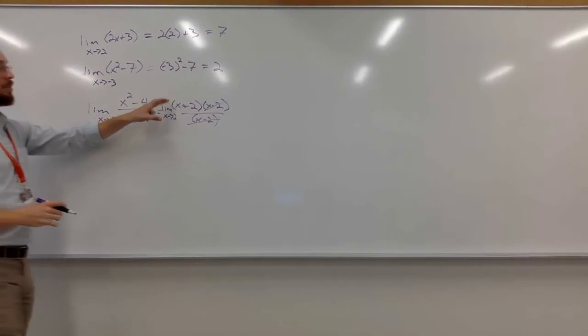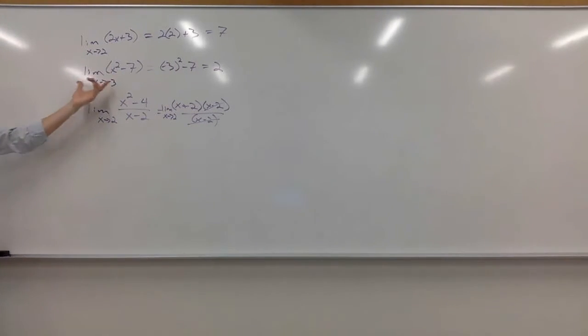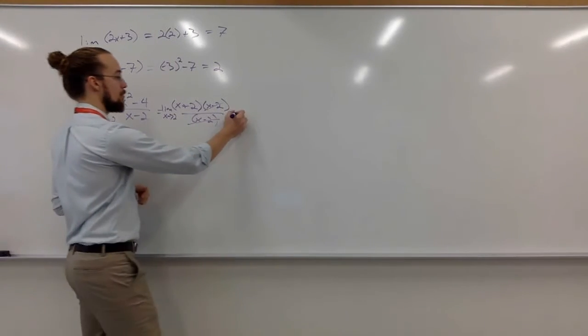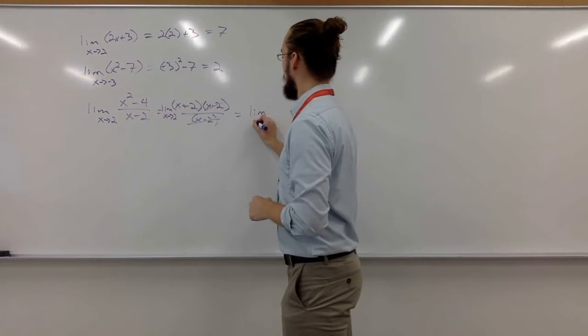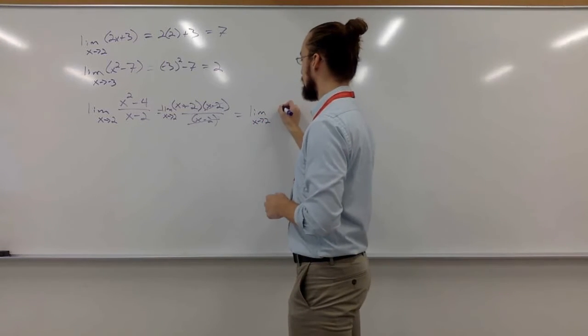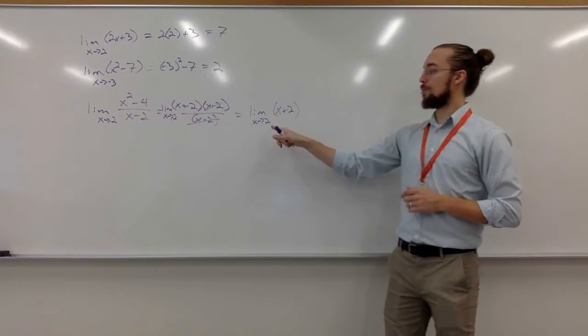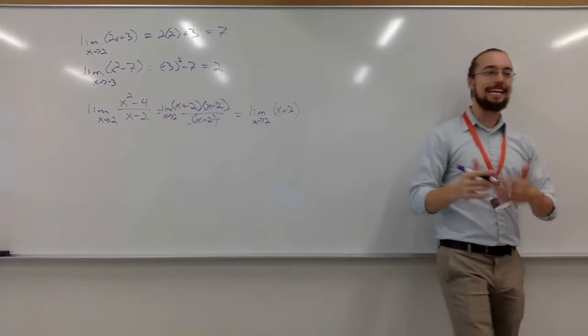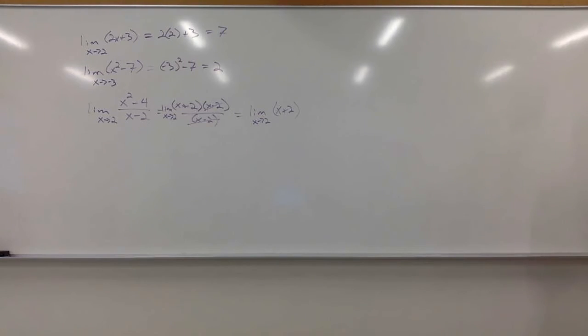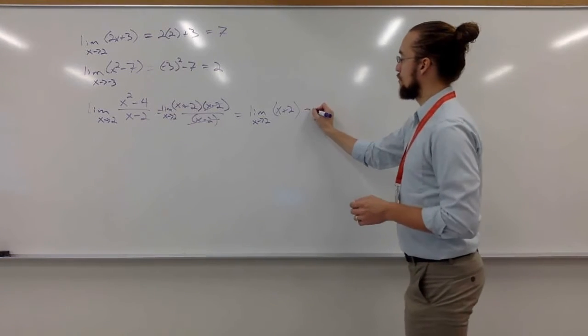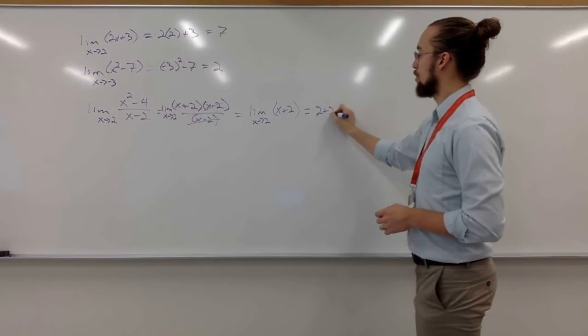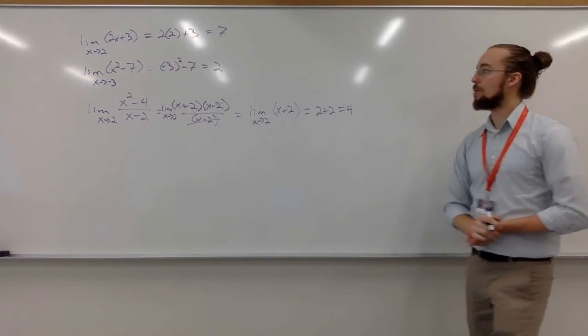And now, this looks like one of these problems up here. Now all I have is the limit as x approaches 2 of x plus 2. And now I am at a point where I can plug this value in and get out a real answer. And that would be 4. We get 2 plus 2 is 4.